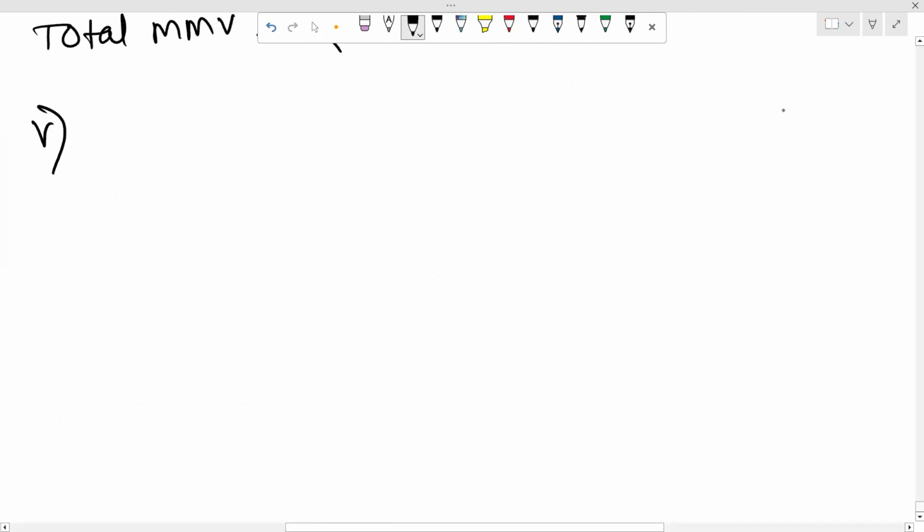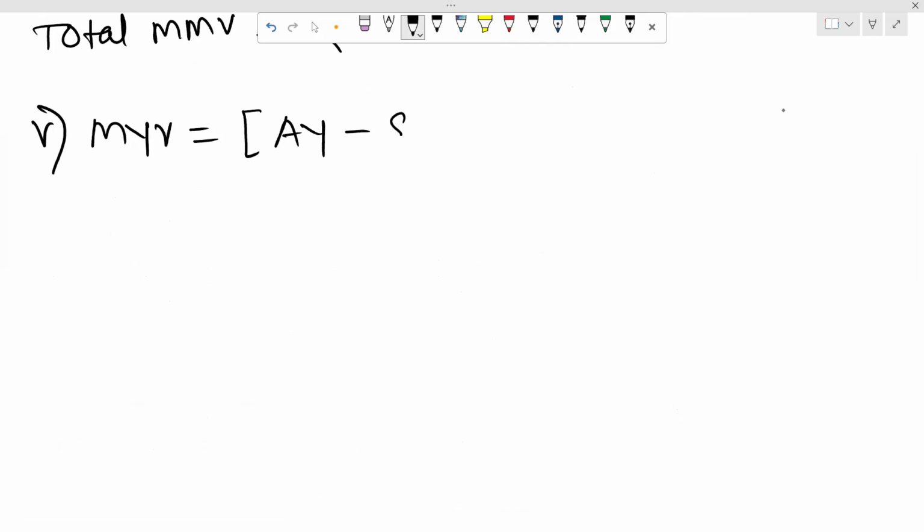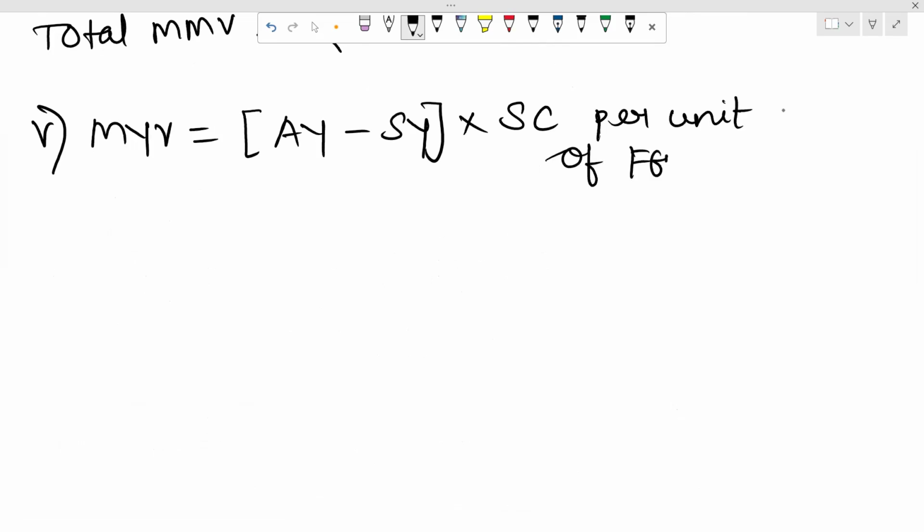Now let's do the final part of the question, material yield variance. The formula for material yield variance is actual yield minus standard yield into standard cost per unit of finished goods.